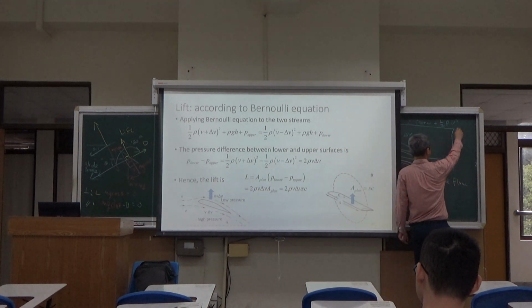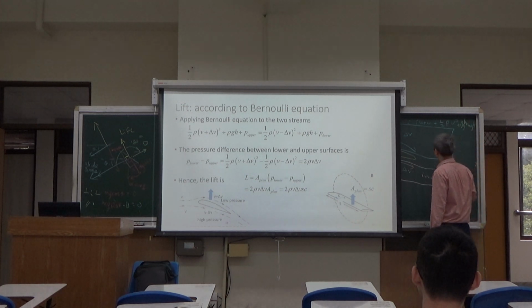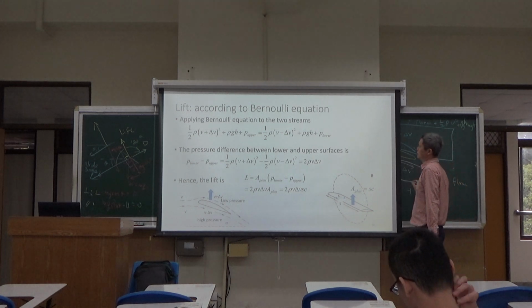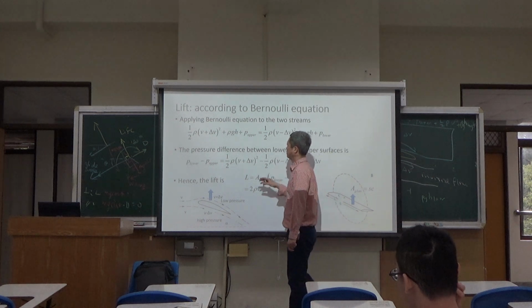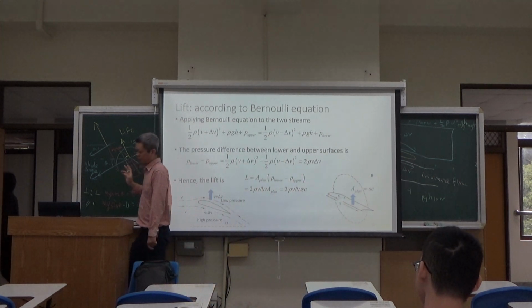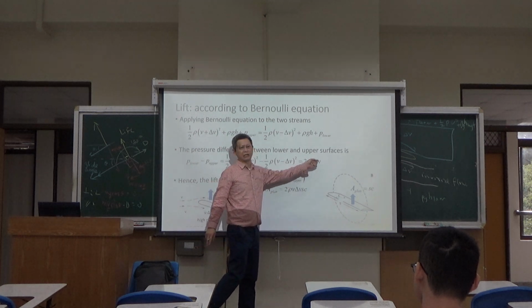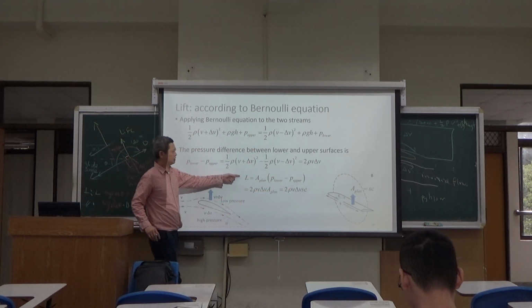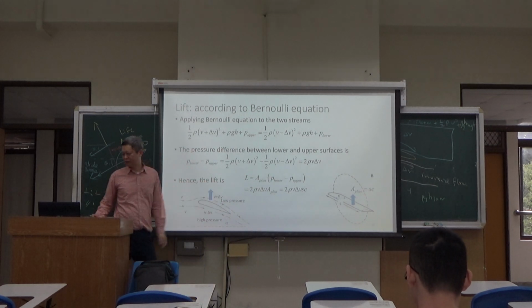But in that case, the hydraulic height difference is not much, so you can solve them. What you obtain is that the bottom surface pressure is higher than the upper surface by 2 times rho v delta v. And this is what you call the lift generation: span area times the pressure difference.